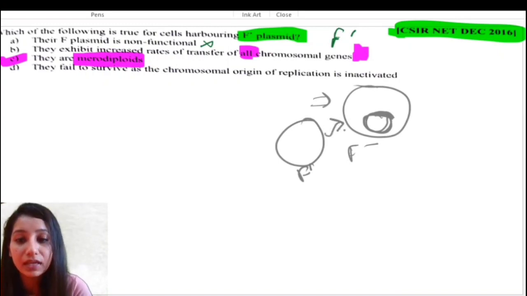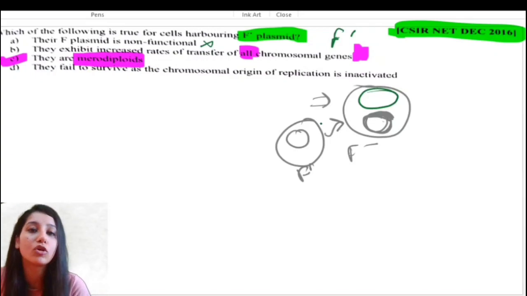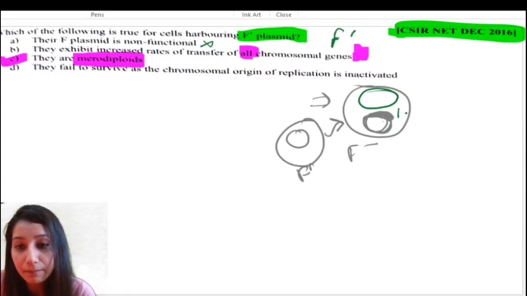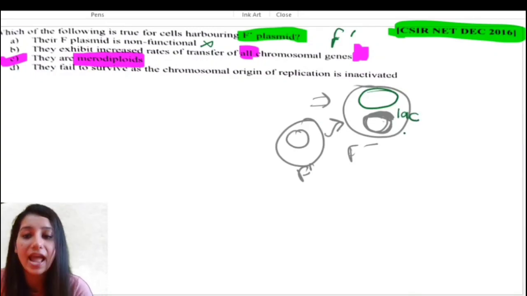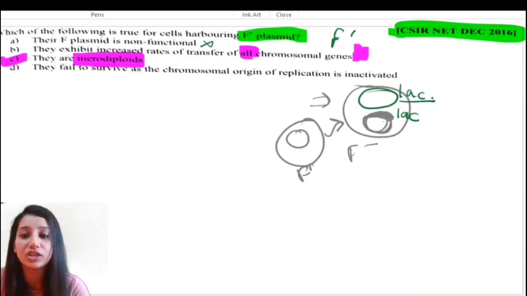So what is happening here? A little amount of the chromosome is being transferred and this F negative will contain its own chromosome also. For example, if the transferred F prime has the lac gene, the recipient will also have its own lac gene. So both act as diploid.